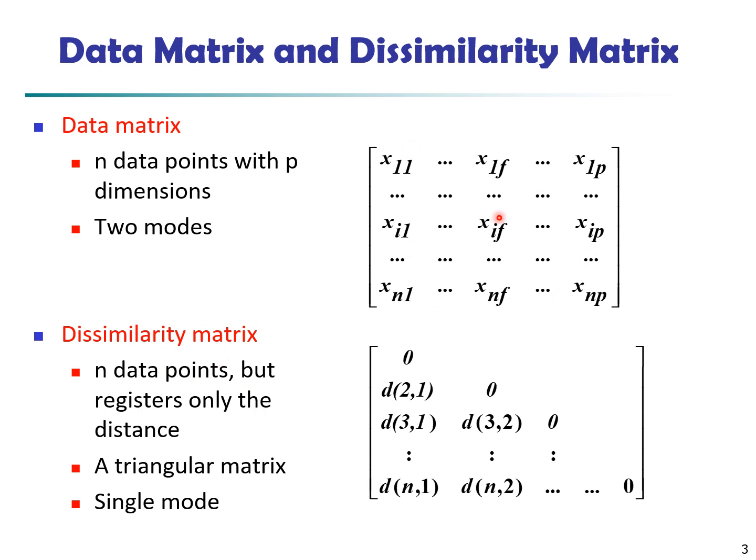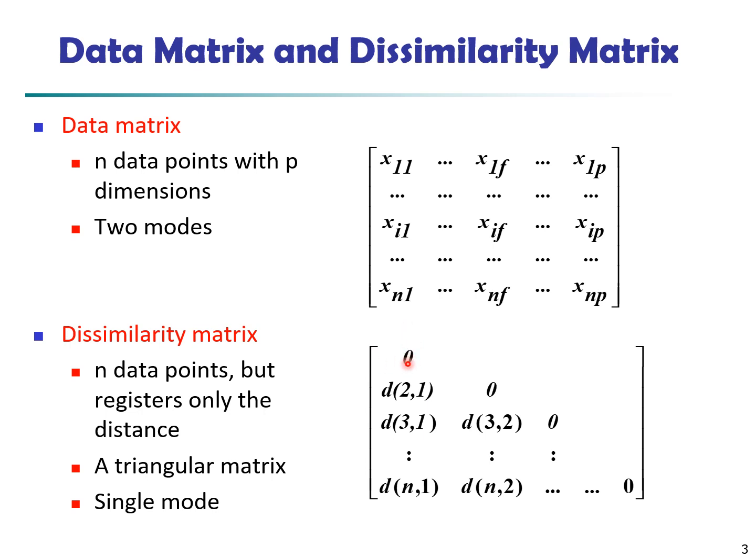We use the data matrix to create a dissimilarity matrix. The dissimilarity matrix will also be the same as the data matrix, however, we will only have a triangular matrix, because here we are comparing the objects to themselves.